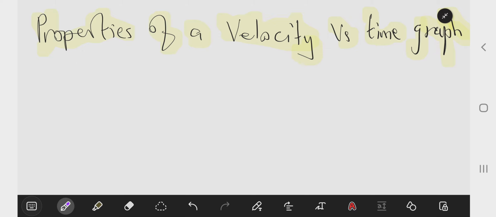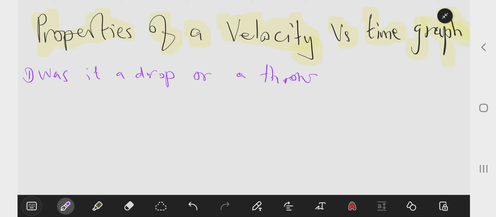So the first question was, was it a drop or a throw? For this question we looked at the initial velocity of the object.